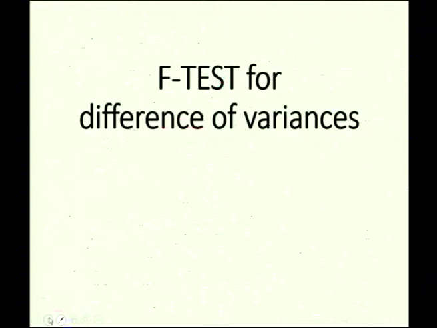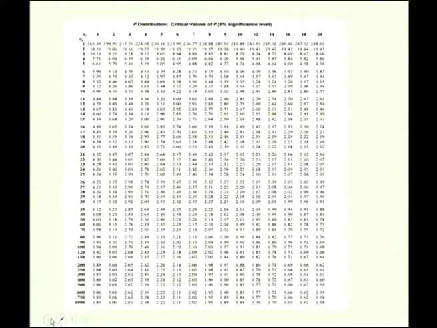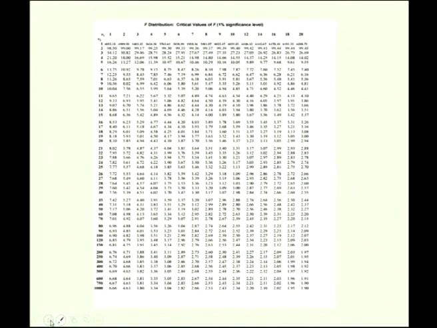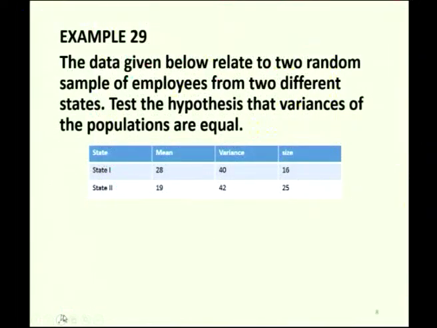So, F test for difference of variance, the tabulated values are already given at 5% level of significance separately and at 1% significance level separately. After working out 28 examples in test of significance and sampling distributions, this is the next example. Let us see how this problem is worked out. The data given below relate to 2 random samples of employees from 2 different states.